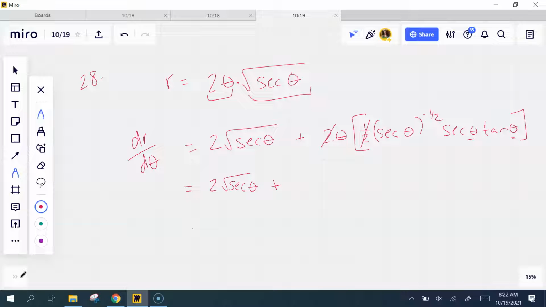So it looks like I have theta secant theta tangent theta over square root of secant theta. Well, this goes down to the bottom because of the negative. So that leaves this and this up top.